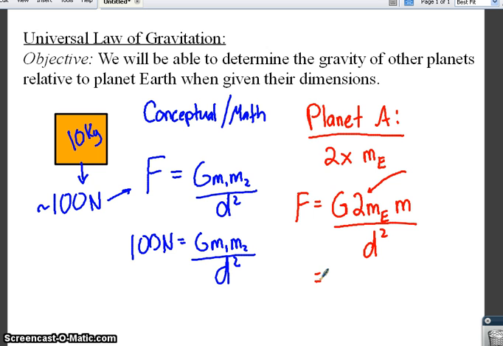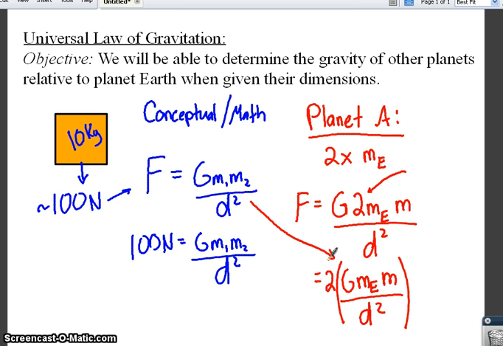And so if we treat this like a coefficient, we can just pull it out: 2G mass of Earth times m over d squared. Notice this is the same as this, right?